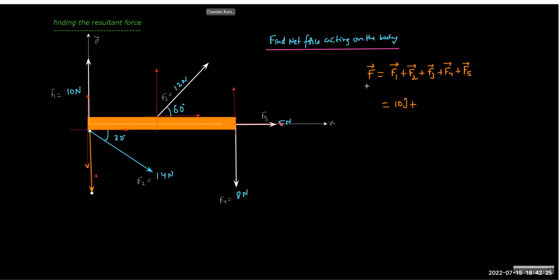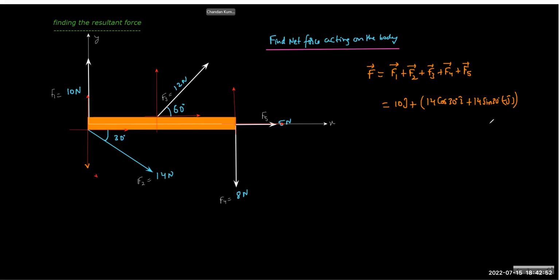So let's write down. If you want, you can write separately, and I'm writing at the same time. So can I write F2 equals, tell me if I'm wrong, 14 cos 30 i cap and 14 sine 30, which is the same as cos 60, minus j cap.